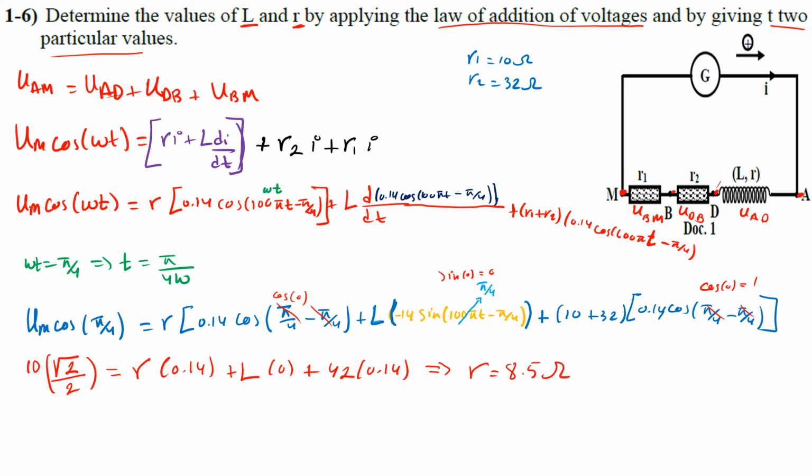Now we have to calculate L. How do we calculate L? To calculate L, I will take another value for the time, and I will assume this time that omega t is equal to 0. I will replace this in the starting equation.